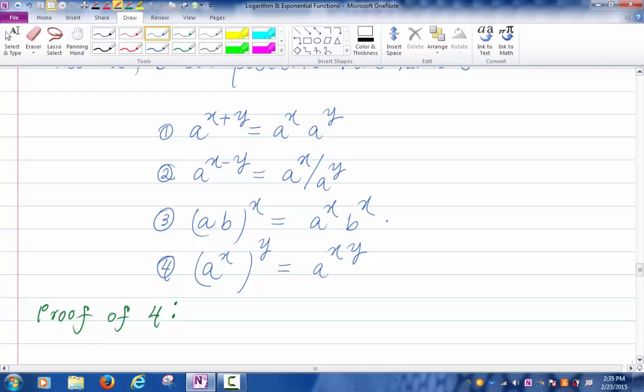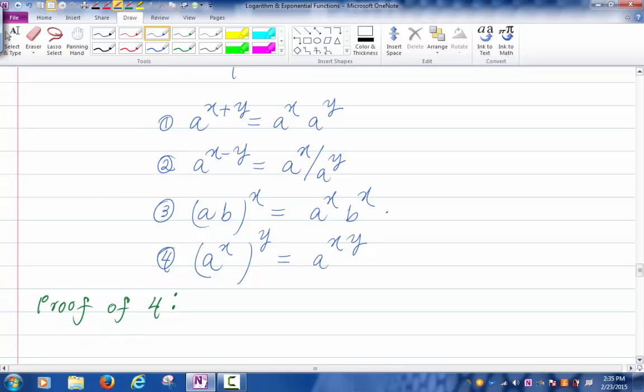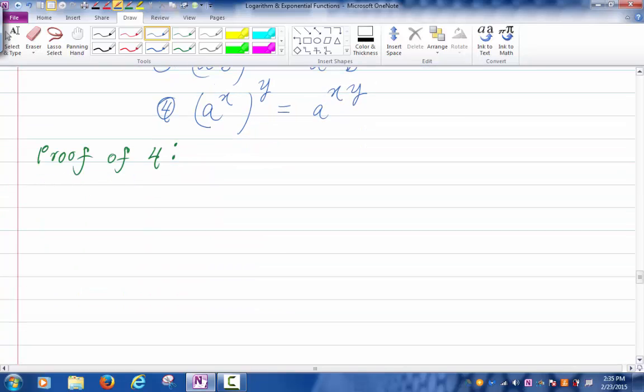Now, I'm going to show you a proof of 4, and all the other ones are proved the same way. What is (a to the x) to the power y? What is the meaning of that? I am going to think of this as base a to the x, exponent y.